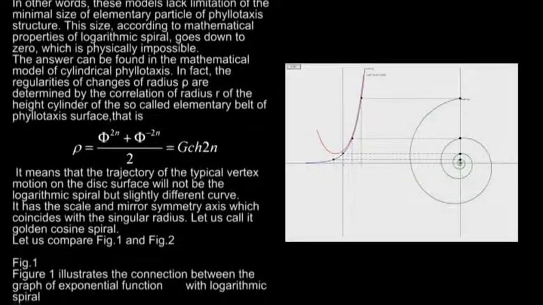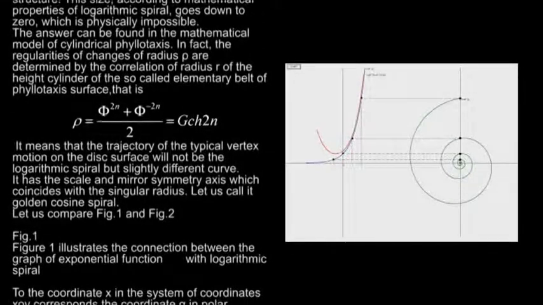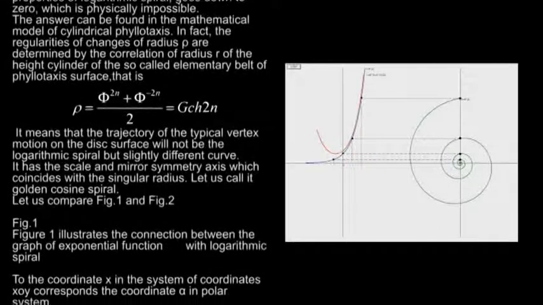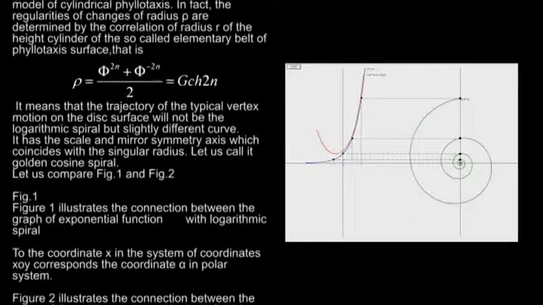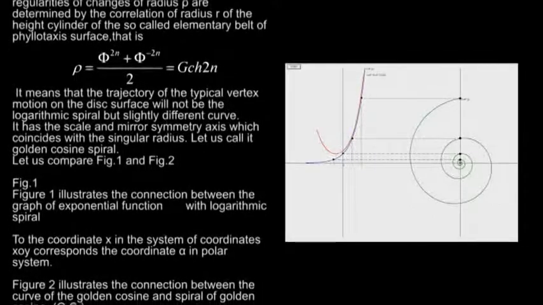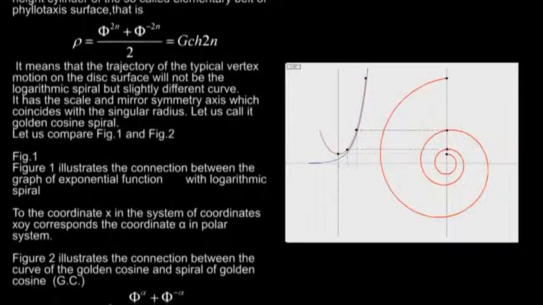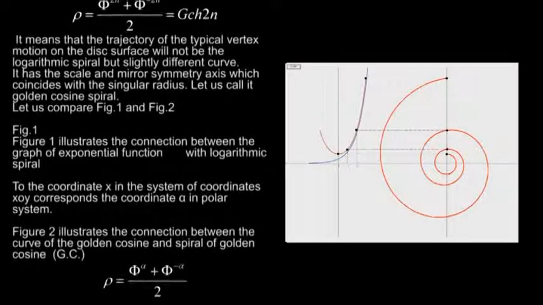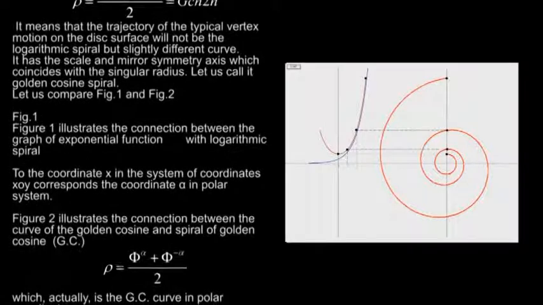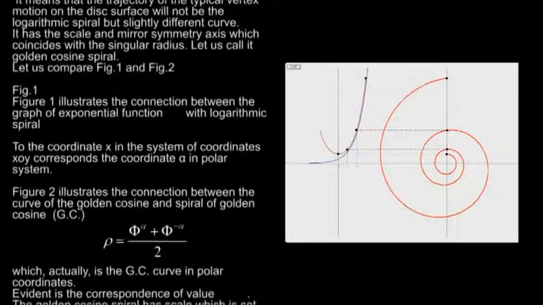Let us compare Figure 1 and Figure 2. Figure 1 illustrates the connection between the graph of the exponential function and the logarithmic spiral, with the coordinate x in the system of coordinates XOY corresponding to the coordinate alpha in the polar system. Figure 2 illustrates the connection between the curve and the golden cosine spiral, which actually is the GC curve in polar coordinates.